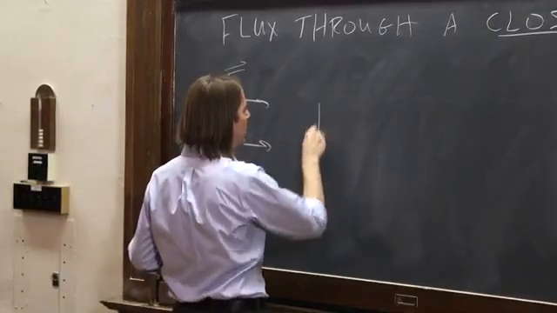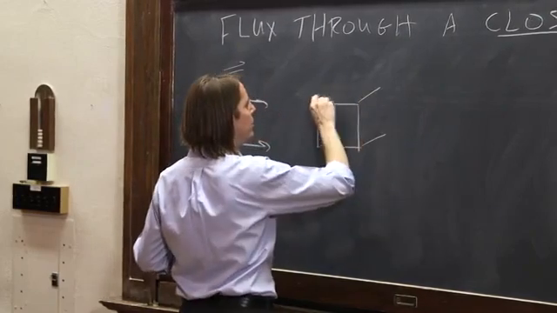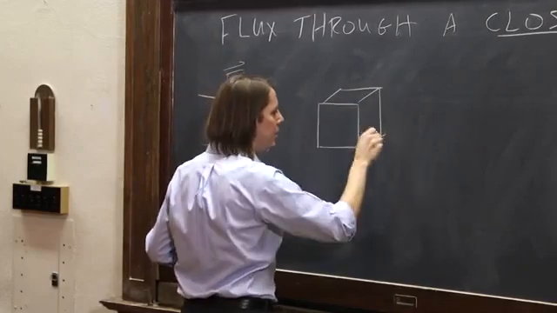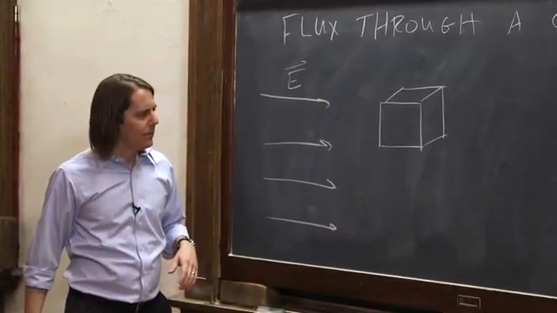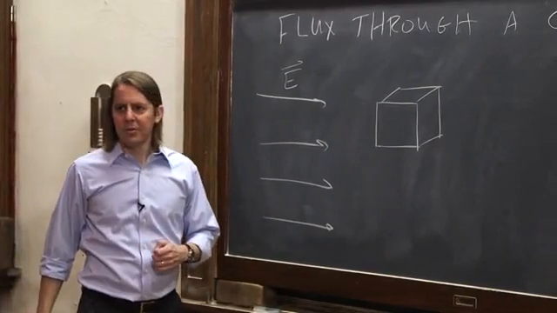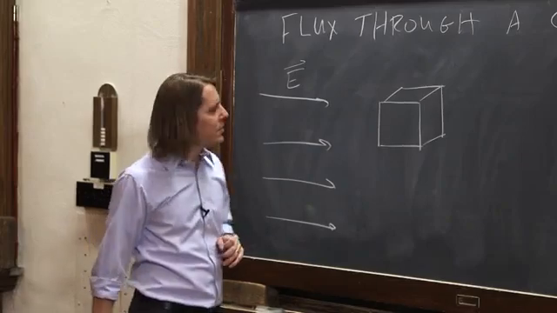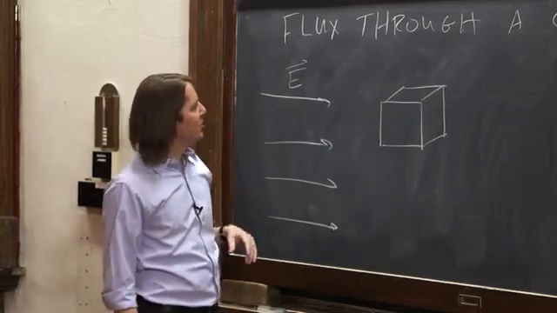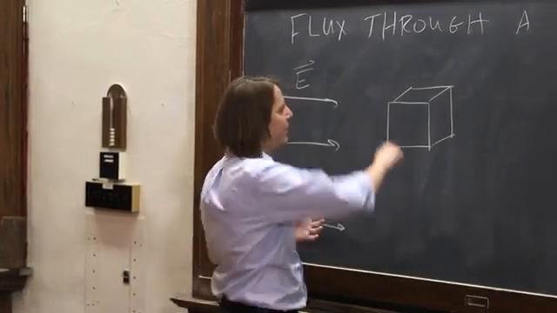So let me draw my magic 3D cube here that we have all drawn and thought about in our lives. We can think about what is the flux of the field through this cube. If you imagine the cube is sitting in the plane of the board, you could assign a value of flux for each of the surfaces.